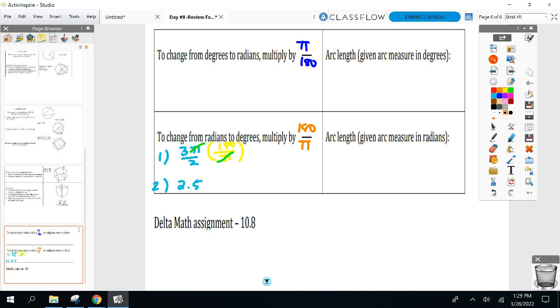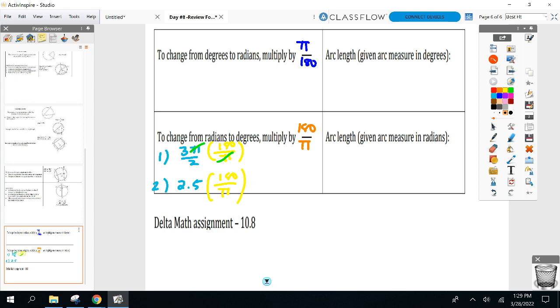Versus 2.5 radians times 180 over pi, are you canceling any pi's? No, don't force it. All I'm doing is 2.5 in my calculator times 180 over pi, and rounding to whatever the rounding directions are. Pi's will not always cancel when you convert to degrees.